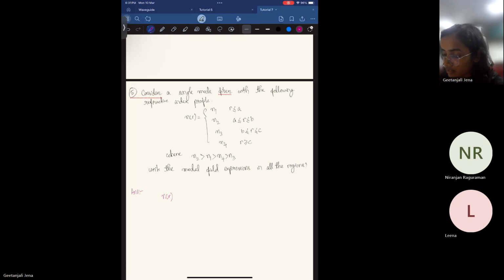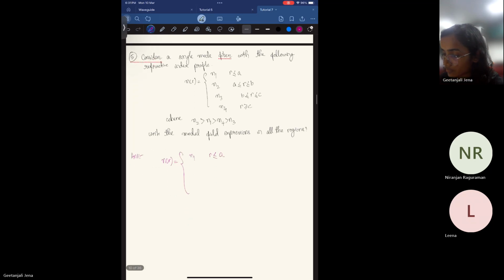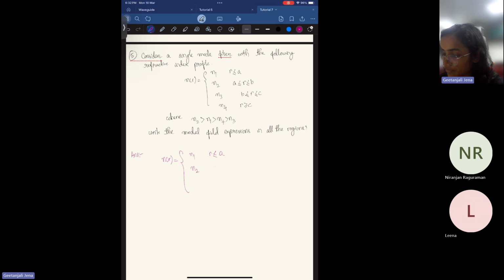N(r) is equal to N1 when r is less than or equal to a, N2 between a and b, N3 between b and c, and N4 for r greater than or equal to c.